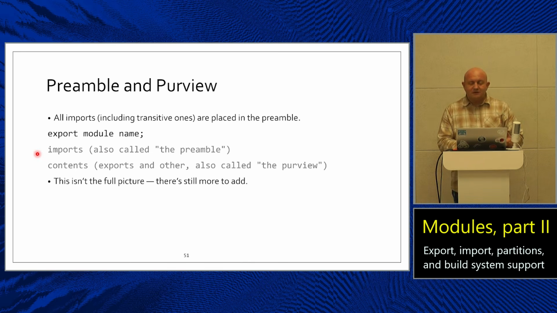And after that comes the purview, the main body of the module that contains its exports and all other declarations. These two terms, preamble and purview, sound a bit ceremonial, but you see them everywhere, in talks, in papers, and in the standard itself. So it's worth remembering that. And this still isn't the whole picture. There's a little more to the structure of a module, and we'll get there soon.